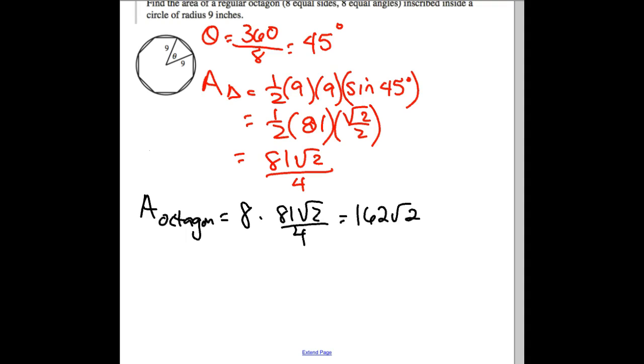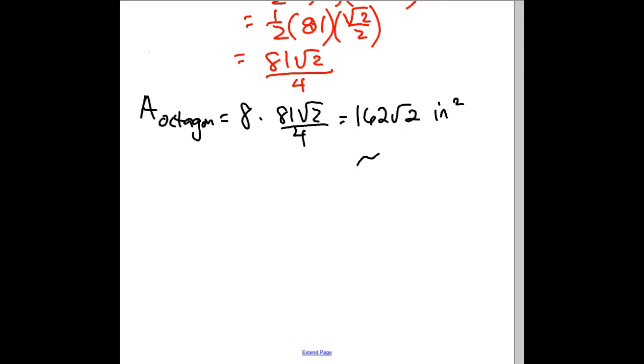And because everything was measured in inches, our area would be inches squared. If you were going to do some kind of calculation or just needed a rounded estimated answer, we could get a decimal approximation for that. What is 162 root 2 approximately? 229.103. Okay. Questions about that formula?